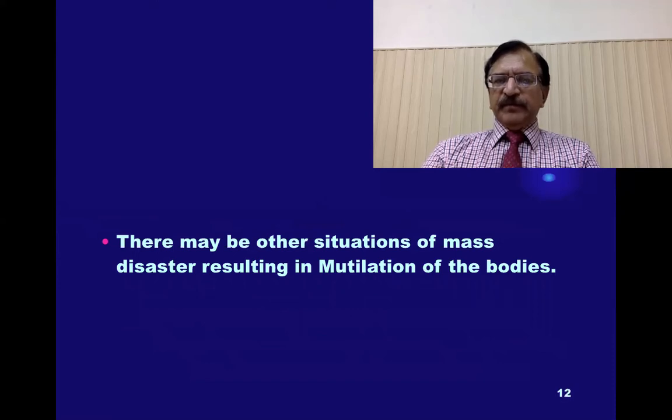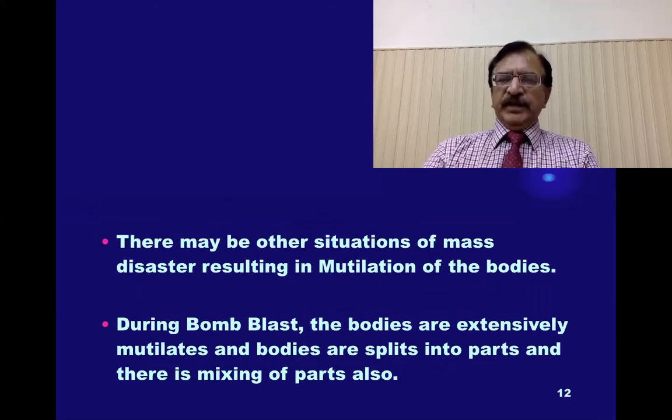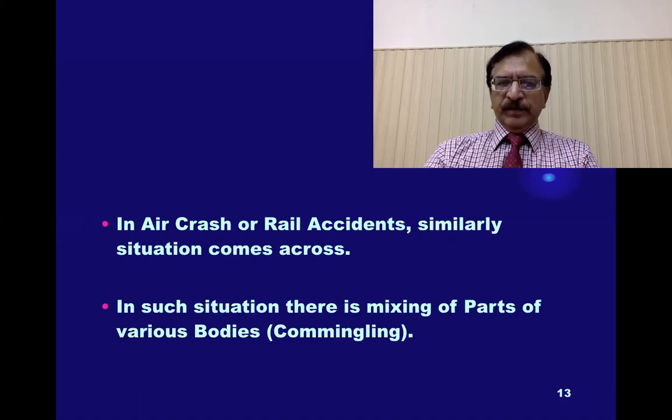There may be other situations of mass disaster resulting in mutilation of the bodies. These situations are, for example, a bomb blast, where the bodies are extensively mutilated, the body parts are split into various parts, and they are mixed together. In an air crash or a railway accident, a similar situation is come across. In such situations, there is mixing of body parts that is called commingling.